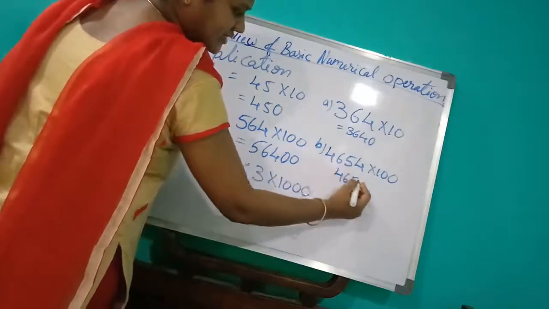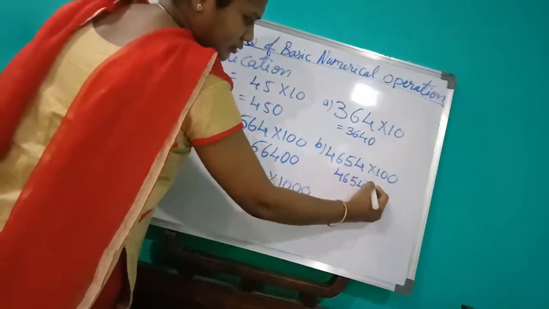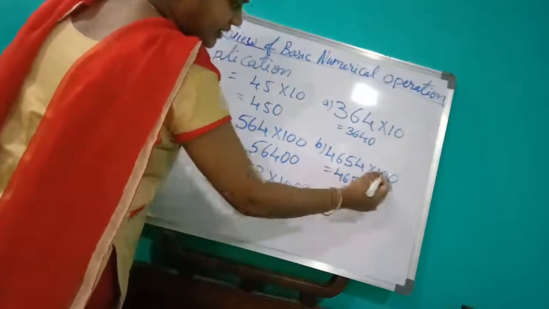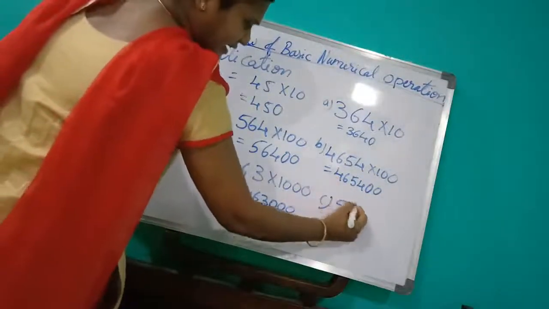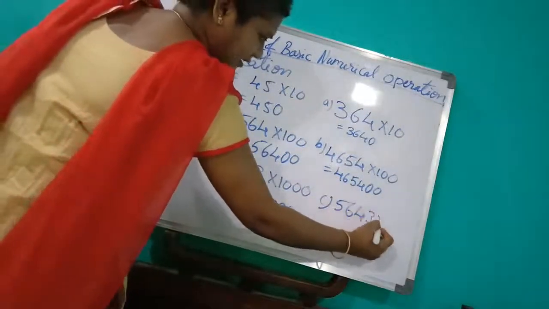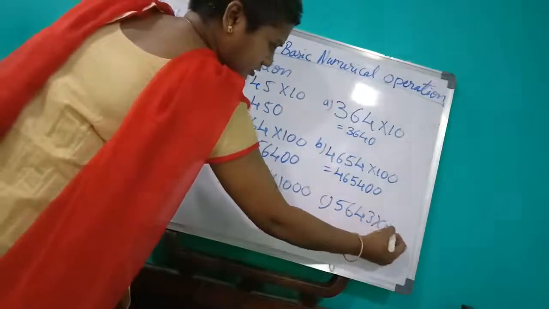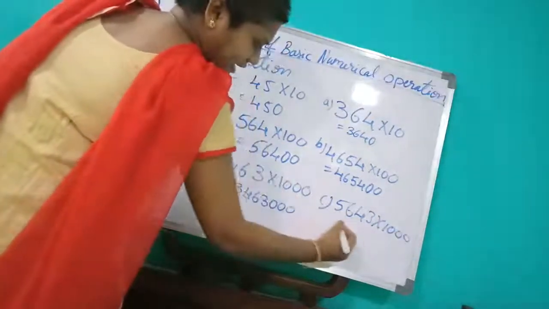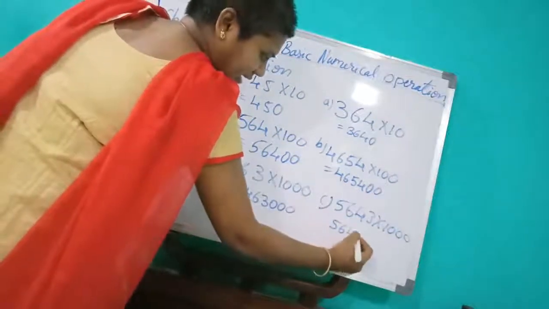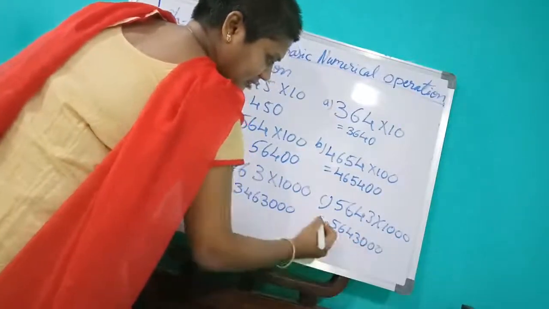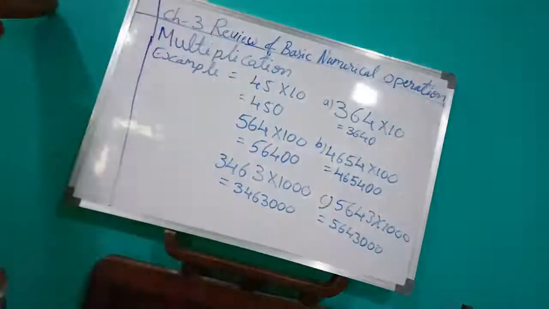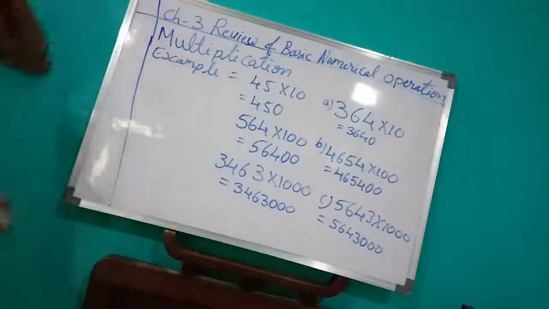See, 4,654, 2 zeros. You are multiplying by 100, that's why. Here, any number you are multiplying by 1000. First of all, you should write that number. Again, you should write 3 zeros. You are multiplying that number by 1000, that's why. Understood?